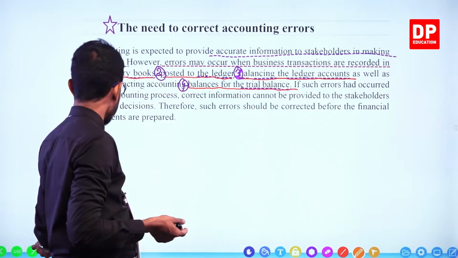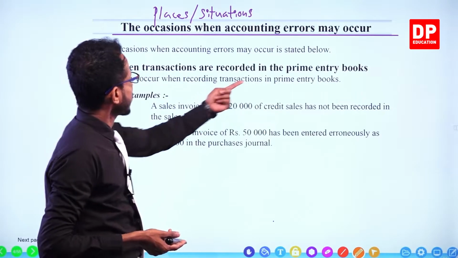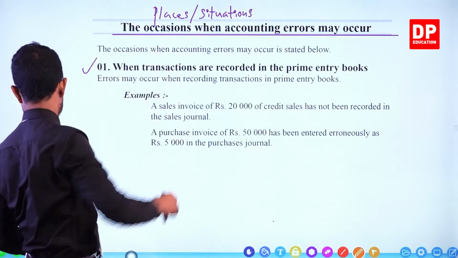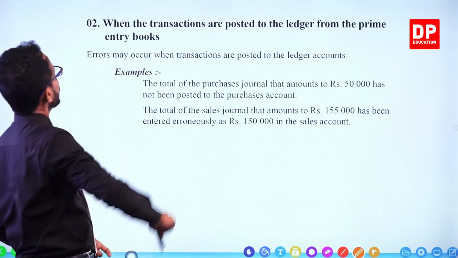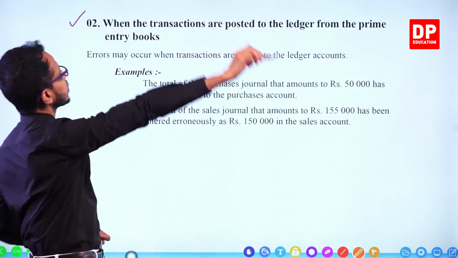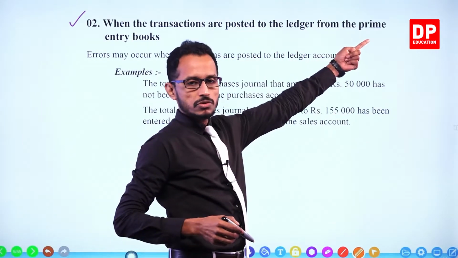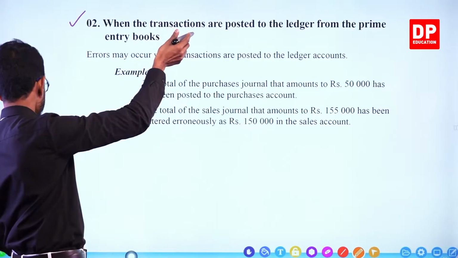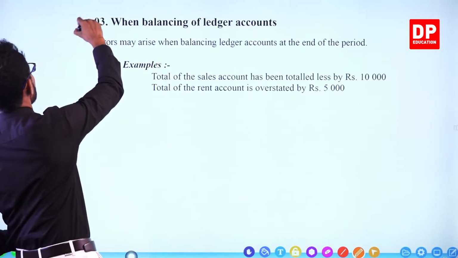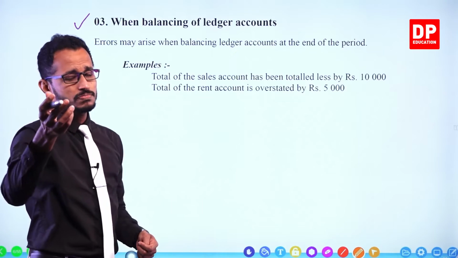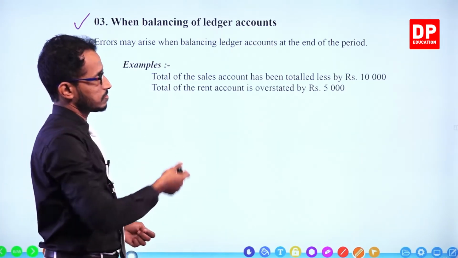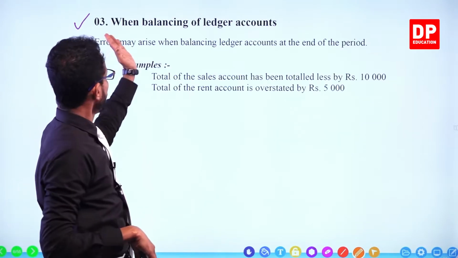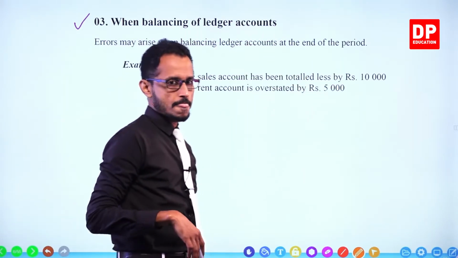Let's see. When transactions are recorded in the prime entry books, first one. Second, when transactions are posted to the ledger accounts from prime books, double entry. Third, when balancing the ledger accounts.